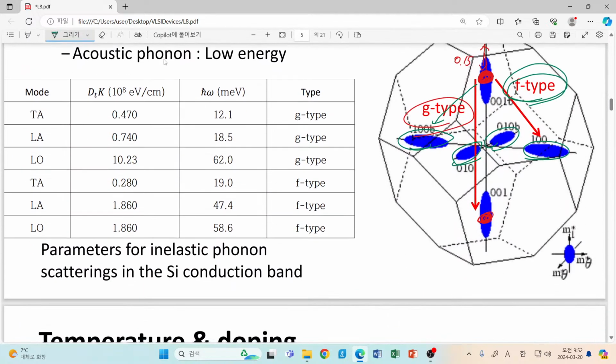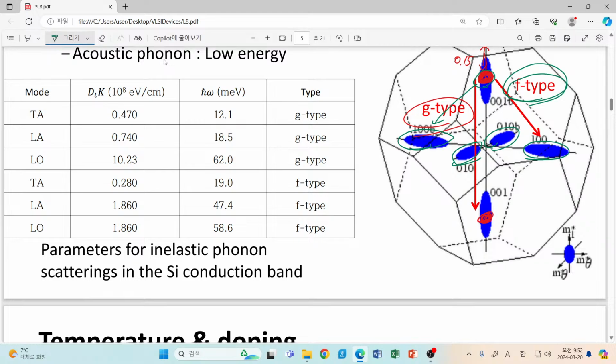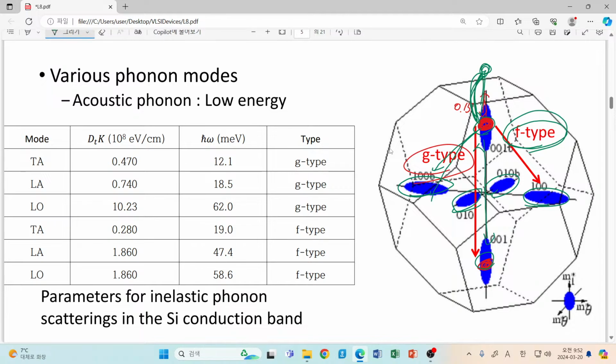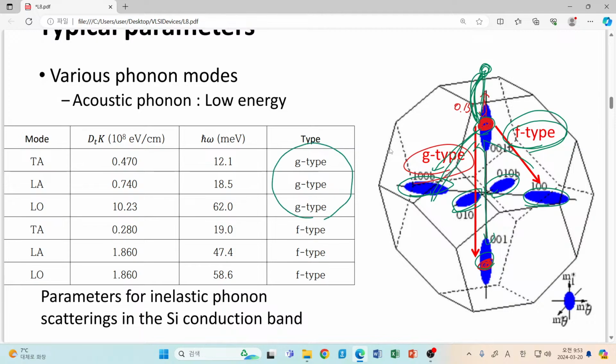The travel starting from this to that is not that long. This is not the right way to see it, but their actual distance is quite nearby. However, in the case of this F-type transition, they actually must travel quite a long distance in our K-space. So from this discussion, we can think about G-type phonon and F-type phonon.